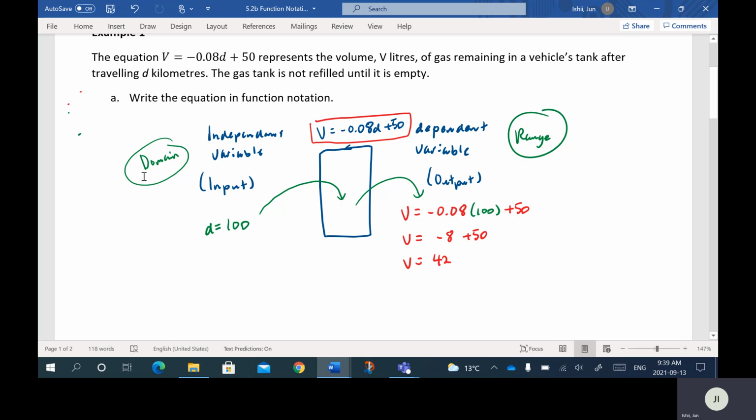All right, so what does that mean? That means that when you've driven 100 kilometers, because I plugged in D, the distance, 100 kilometers, so D is in kilometers, I plug it into this equation, it gives me a V of 42. So that means I have 42 liters left.